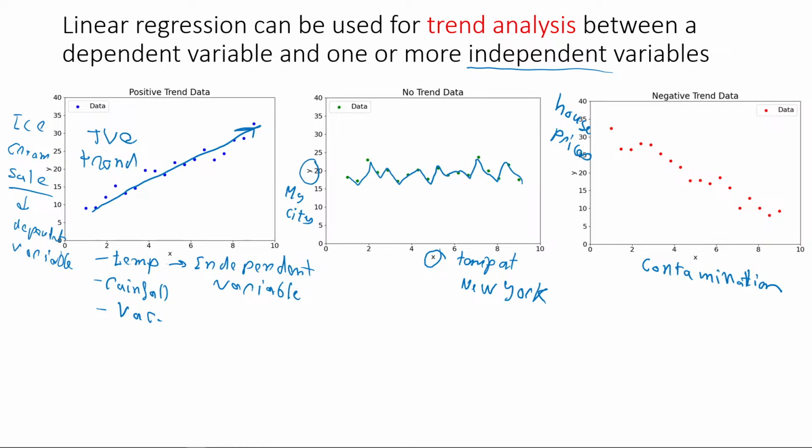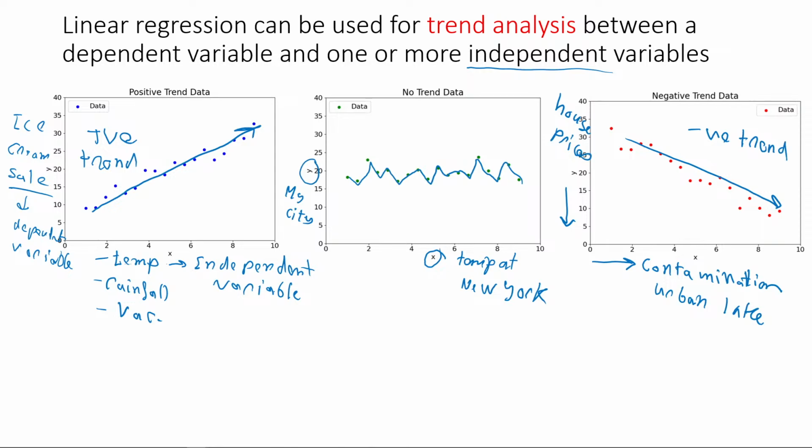You have contamination in urban lakes, the level of contamination, and the prices of the house. As the level of contamination increases, your property value or house value will decrease. So this is a negative trend.